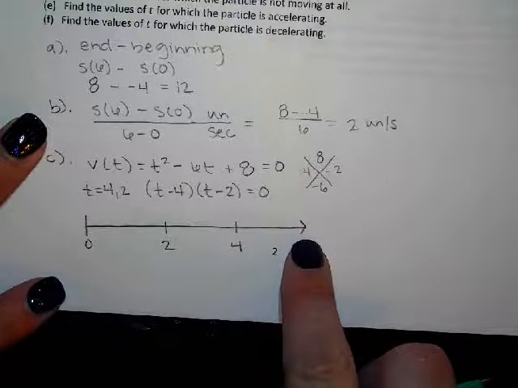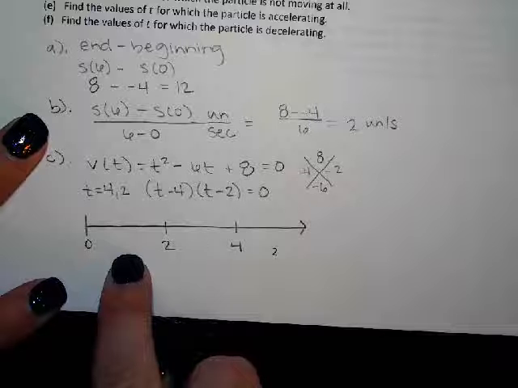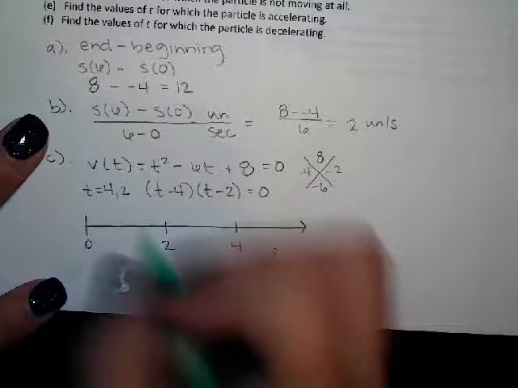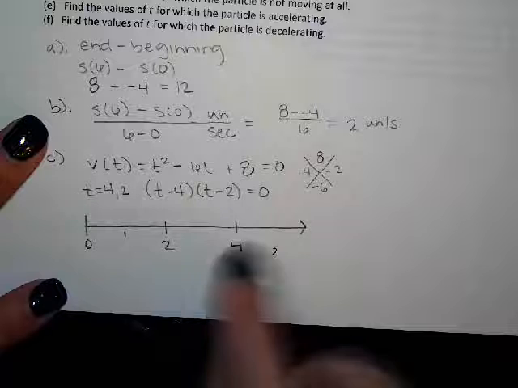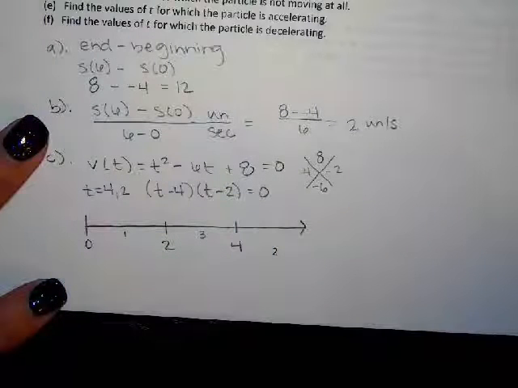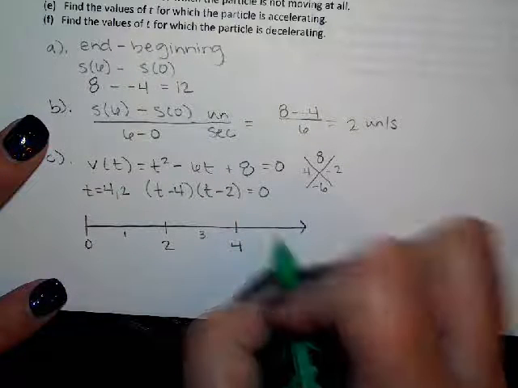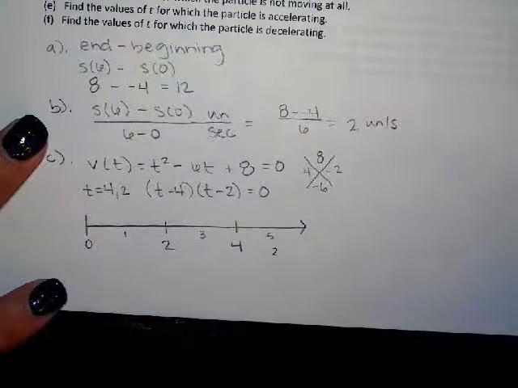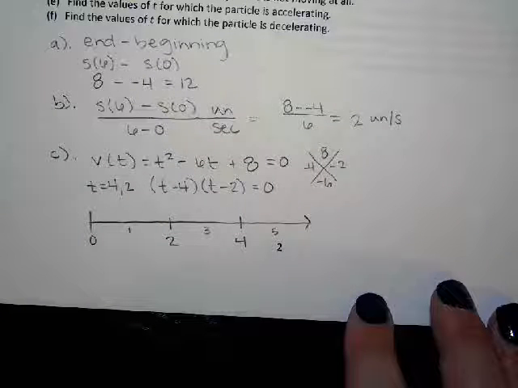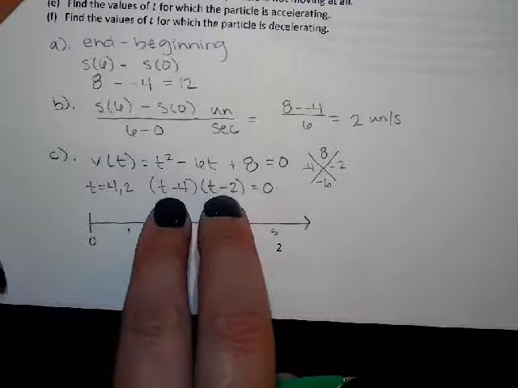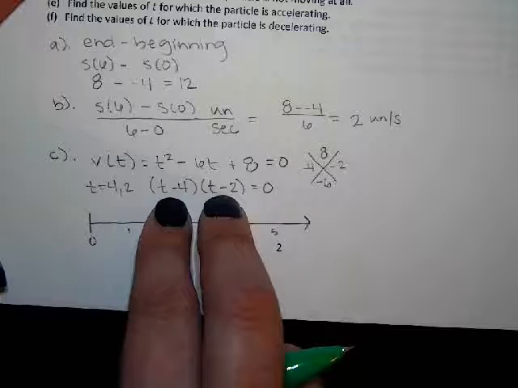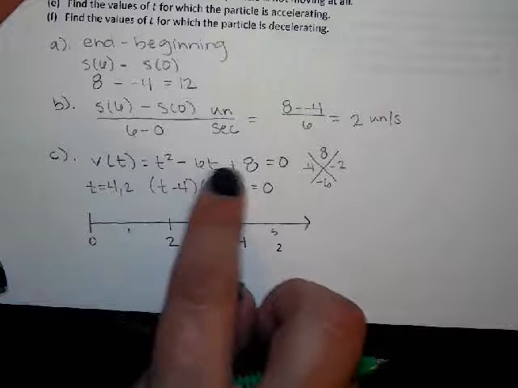What's a number between 0 and 2 that I can test? 1. What's a number between 2 and 4 that I can test? What's a number bigger than 4 that I can test? 5. Okay. So I want to know where the derivative is positive, where the derivative is negative, and so I'm going to plug the numbers in here because it's a little bit easier to evaluate without a calculator than it is to evaluate it right here.